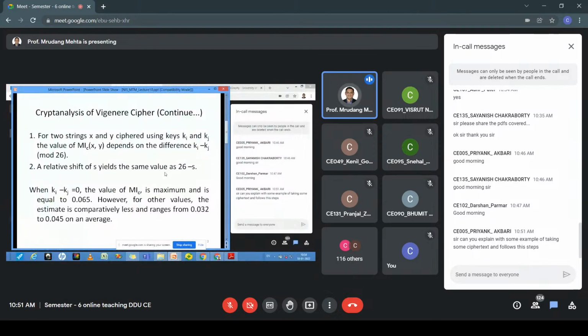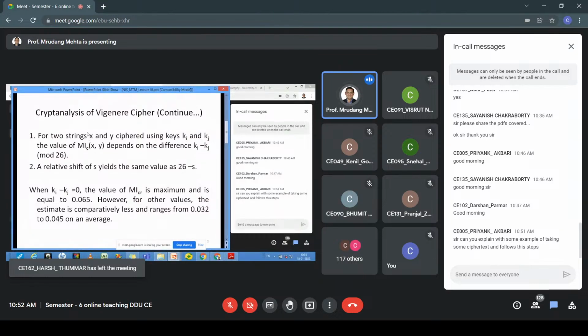So as I discussed, when we want to perform cryptanalysis of Vigenère cipher, we have to find the mutual index of coincidence. For two strings X and Y ciphered using keys Ki and Kj, the value of the mutual index of coincidence MIC XY depends on the difference Ki minus Kj, mod 26.